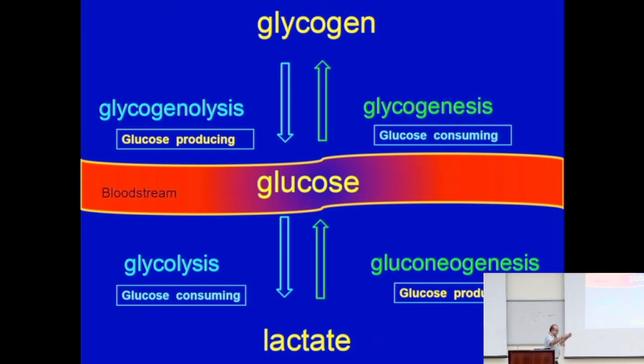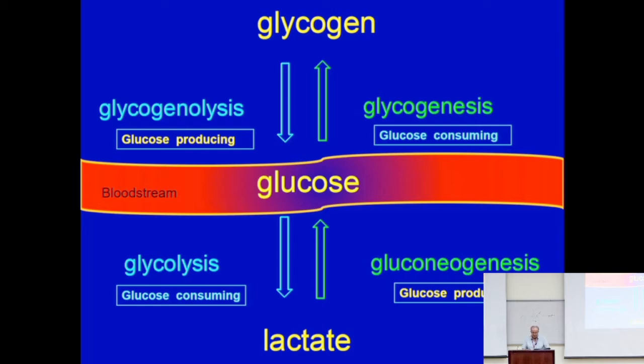Hormones are going to regulate many of the processes that contribute to the maintenance of blood glucose level. You don't need to memorize it, but roughly it should be somewhere between 80 and 100 milligrams per deciliter. That's the normal concentration.